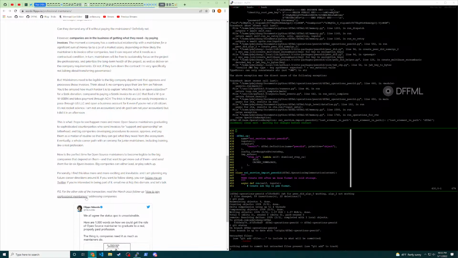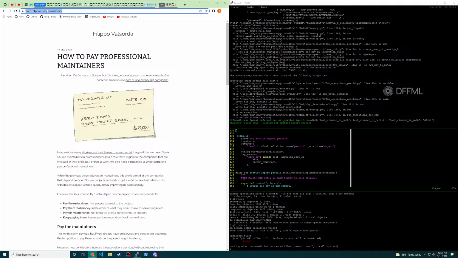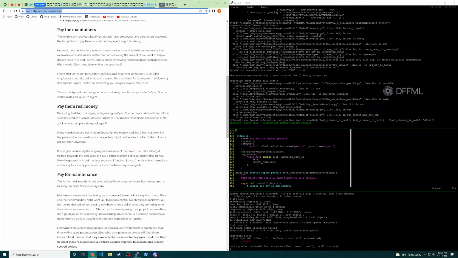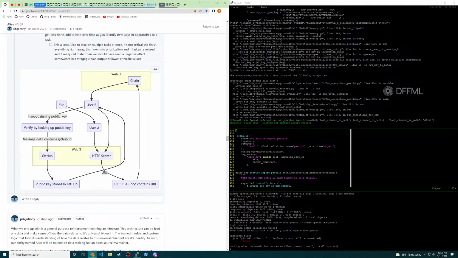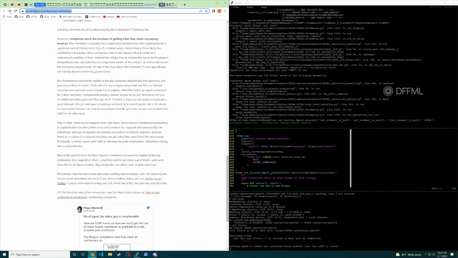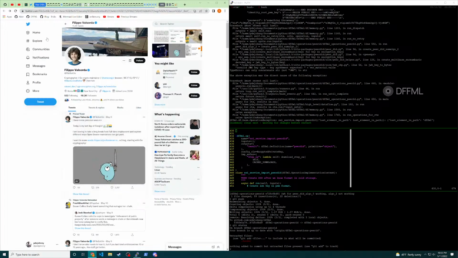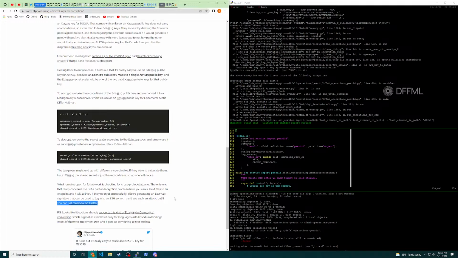All right, well, let us keep this for our research as well, because I am wholeheartedly in support of what I believe this guy is saying. But we need to figure out, I think we should definitely ensure that people are paying open source maintainers. Let's see.